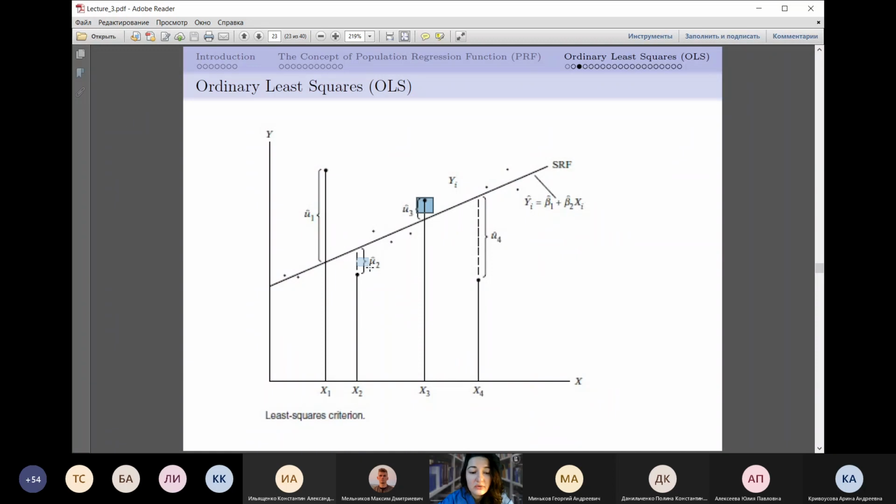So in some cases, of course, our sample regression function can underestimate, or in some cases overestimate, the true population regression function.